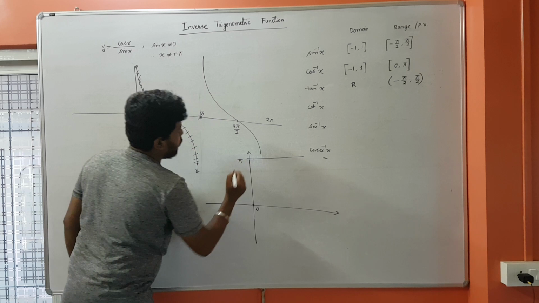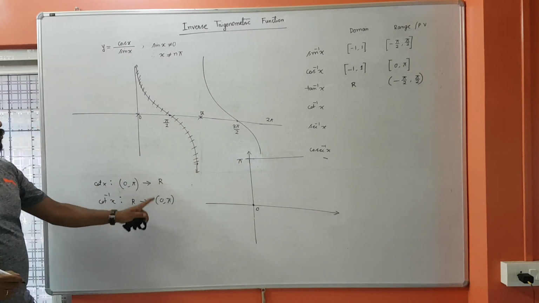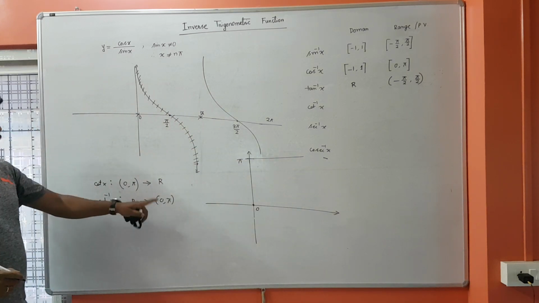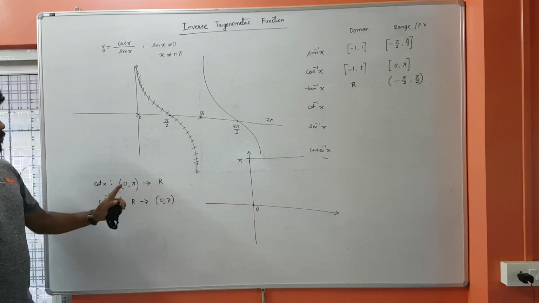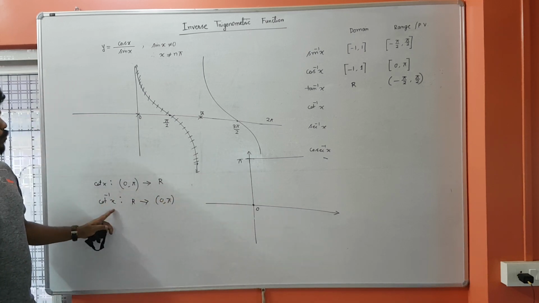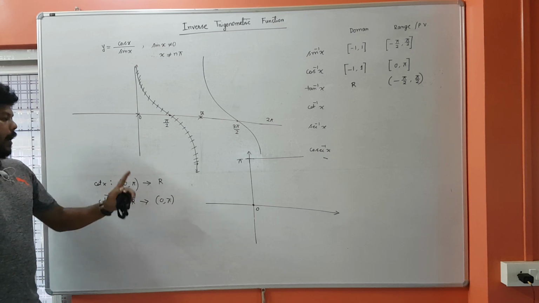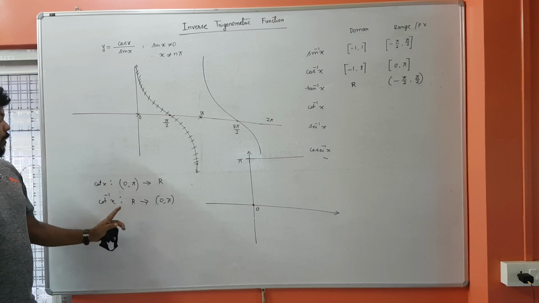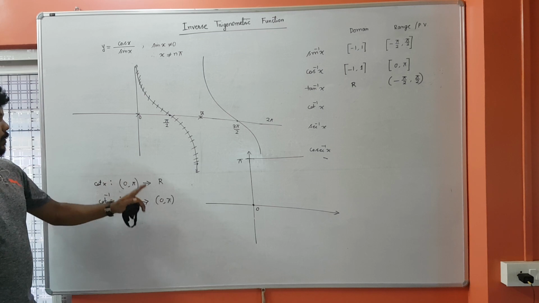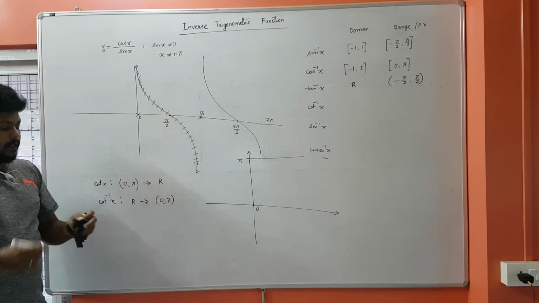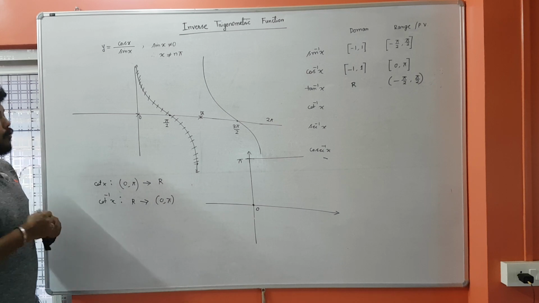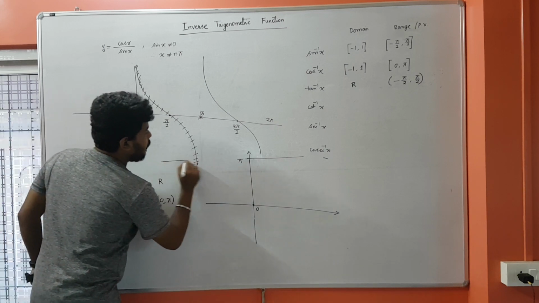When x tends to infinity, the value of cot inverse of x tends to 0, and for x tends to minus infinity, the value of cot inverse x will be equal to pi. Therefore, the graph of cot inverse of x is something like this.